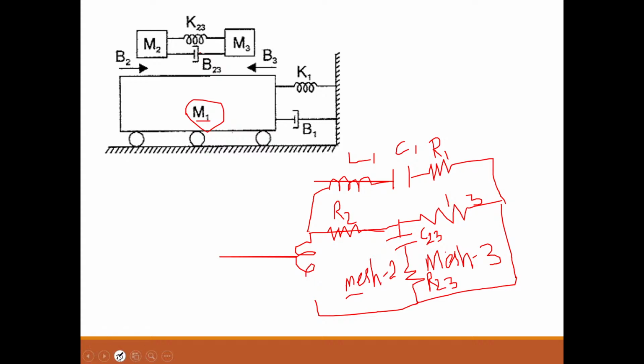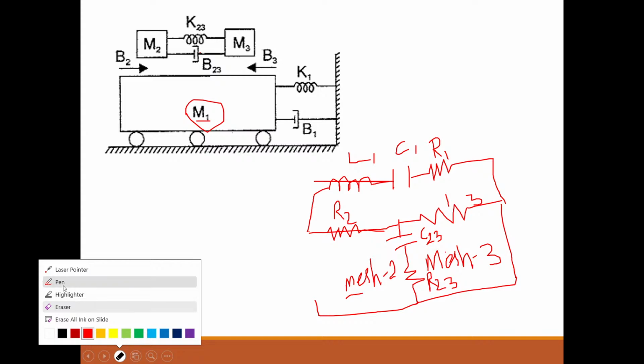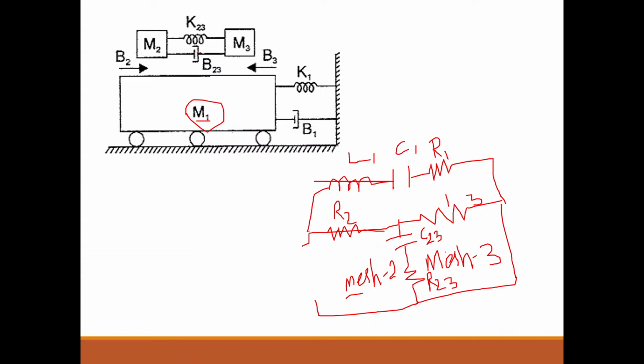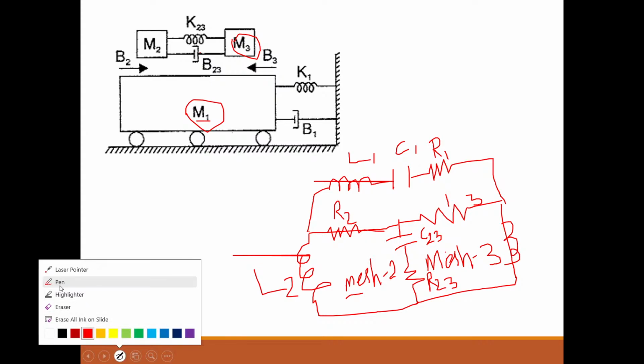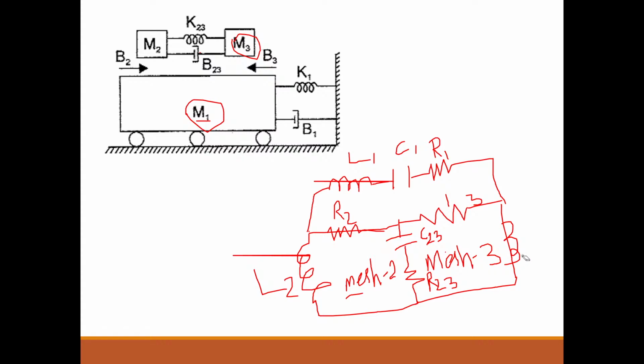This cursor is very sensitive. See, I have held it very lightly. This is inductor L2. So, what is connected purely to mesh 3? No other element except M3. M3 means again inductor, isn't it? So you have to draw an inductor here and write L3.